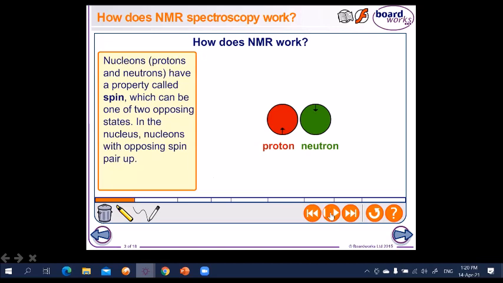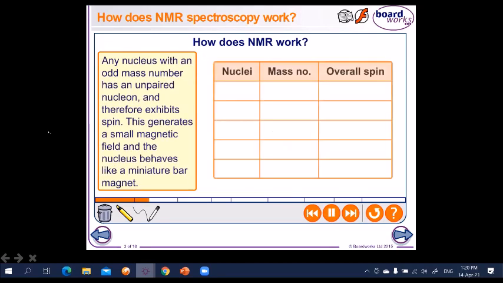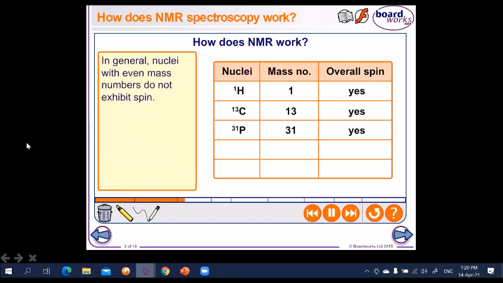Okay, the next one will be even numbers. Nuclei with even mass numbers, such as oxygen and carbon, do not have a spin.